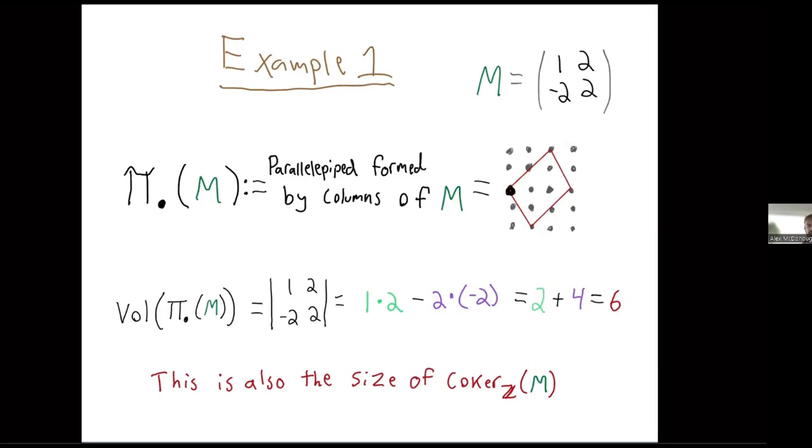And if we want to find the volume or the area of this parallelepiped, the way to do it is to find the determinant of the matrix. And when doing the calculation, we will find that it is 2 plus 4, which is in fact 6. And I point this out because one question you might ask is, can we see this 2 and this 4 anywhere in this parallelogram?